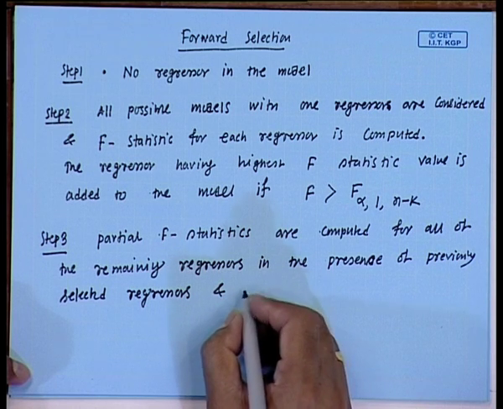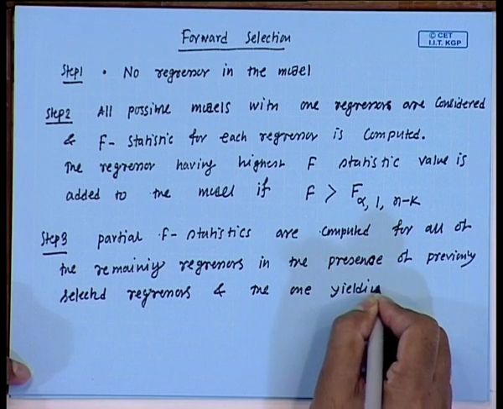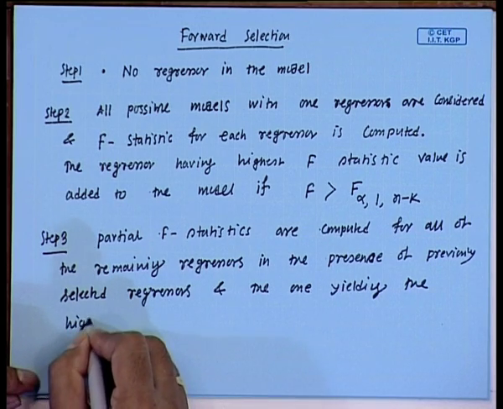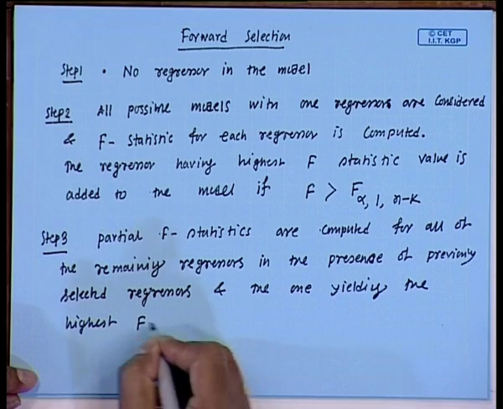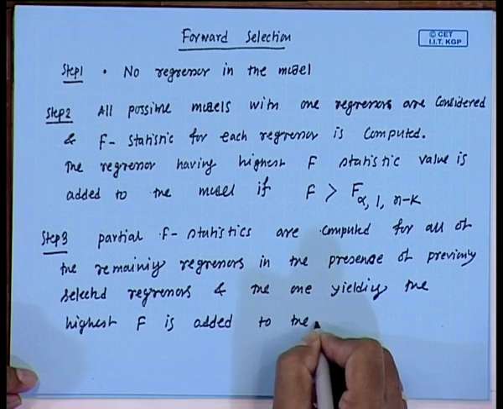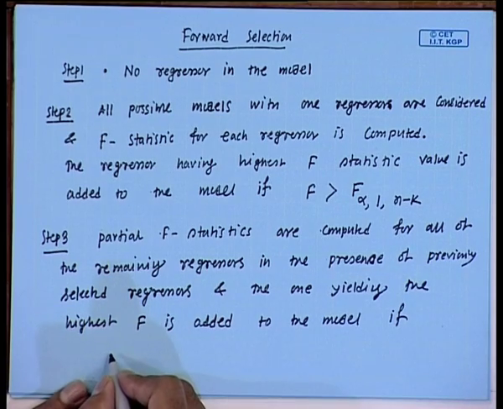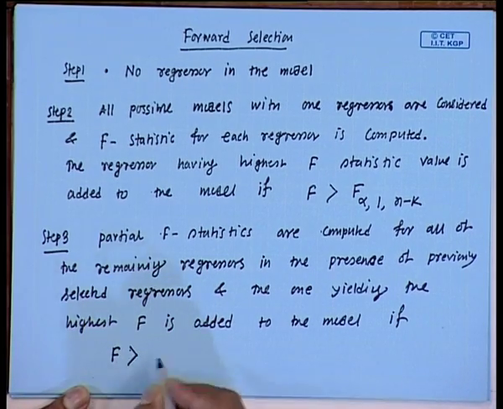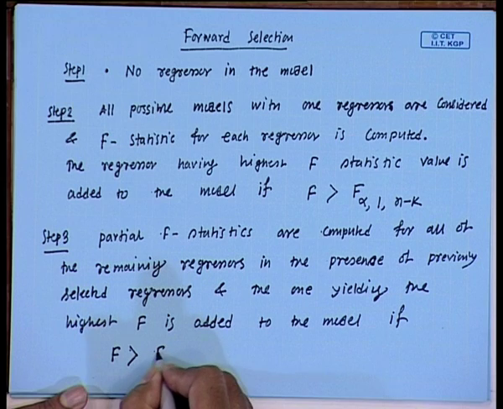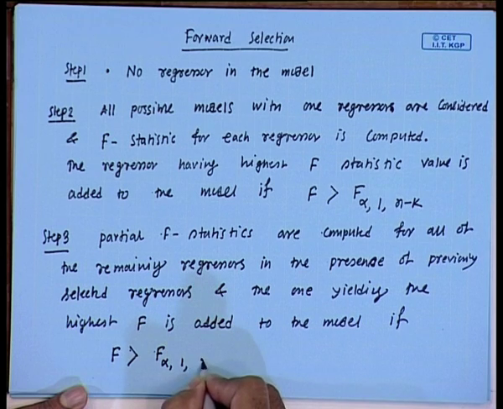And the one yielding the highest F is added to the model, provided, of course, that F is greater than the tabulated F value, that means F alpha, 1, residual degree of freedom.